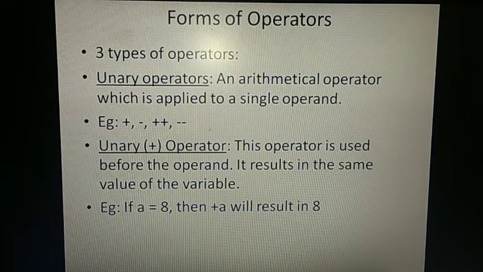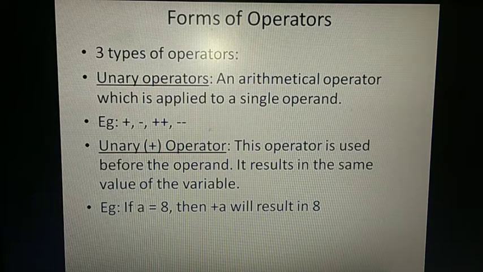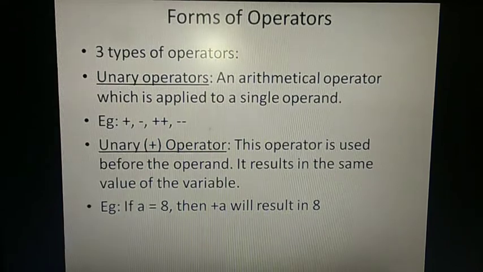Now just look into your unary plus operator. This operator is used before the operand. It results in the same value of the variable. Understand the concept: the unary plus operator is used before the operand, and the result is the same as the value of the variable.